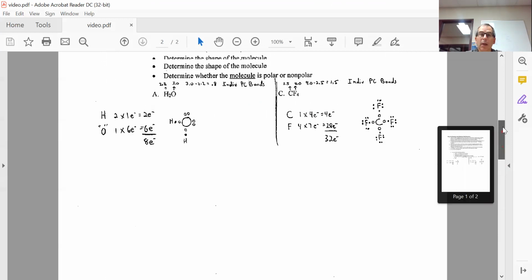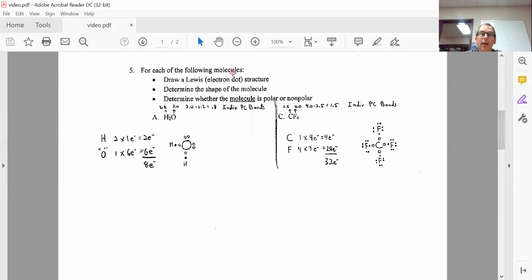So I just go back here, and then I can write in the shape. I think I'll do that. And just say for shape that it's bent. Maybe I'll do that over here. It's bent.